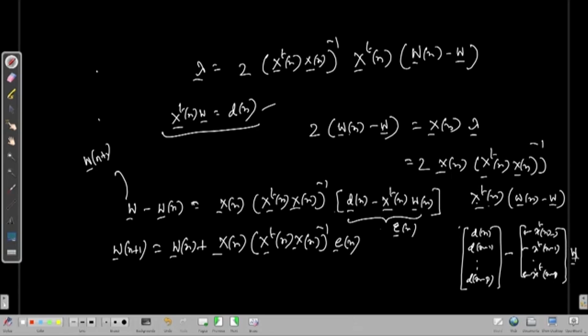What does it mean? Instead of w, now it is w n. So, w n is the filter coefficient vector at the nth clock, right. Suppose I hold it. At the nth clock, the filter output will be X transpose n w n. I subtract it from d n, and I get the output error.